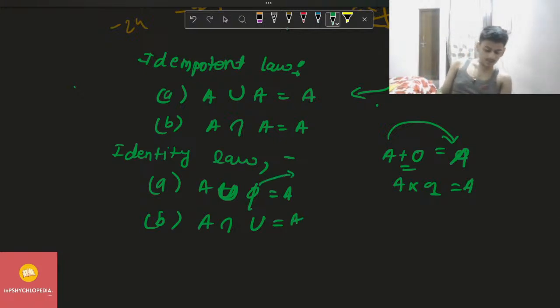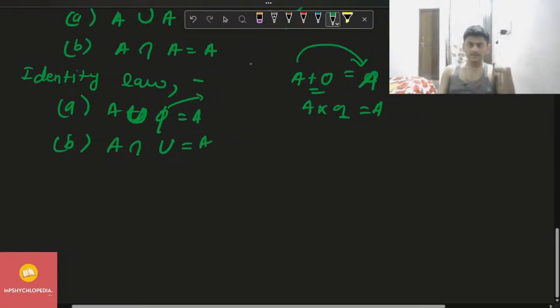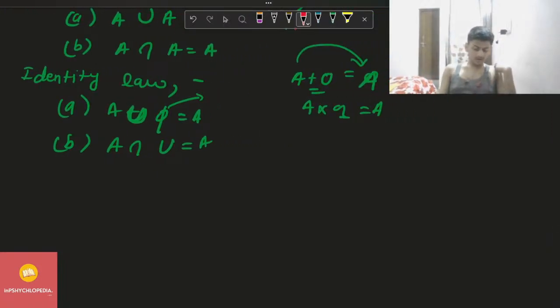And then comes the commutative law, associative law, and distributive laws. So there are 3 kinds of laws. I'm just writing all of them one by one. So union of sets, A union B is equal to B union A. These all are commutative law.